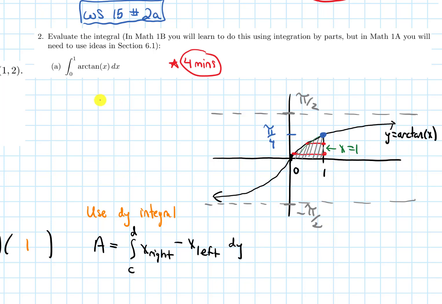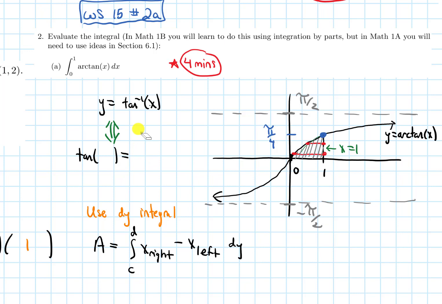If we have y equals, let me rewrite arctan as tangent inverse of x. We can transform this to write it in terms of the original function, tangent. In terms of tangent, it'll switch the input and the output.